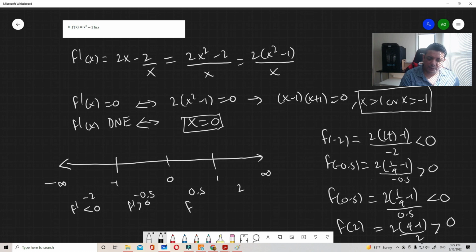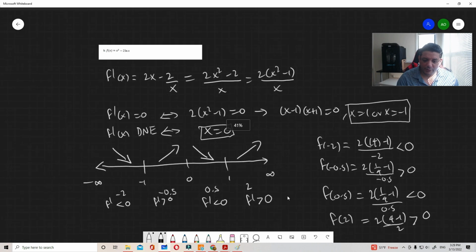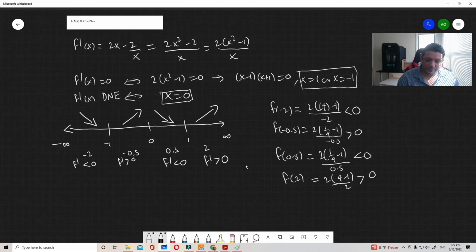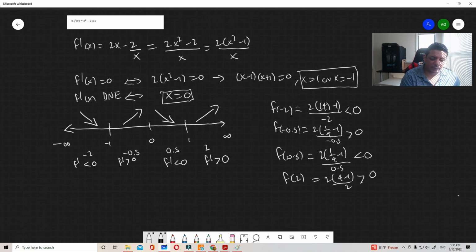So now here we have the transition. This is f prime negative and f prime positive. So notice overall this means decreases here, increases here, decreases here, and increases here. So we have the intervals for increasing.